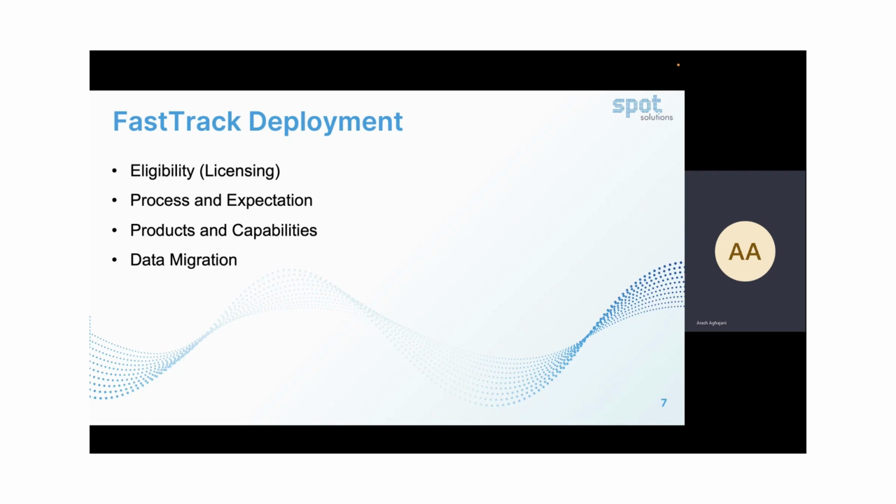The first is eligibility and licensing, so you need to be eligible to use the FastTrack service. The second is the process and expectation, then products and capabilities, and the data migration. Eligibility is to understand if your purchase is eligible for FastTrack assistance and identify the Microsoft 365 services powered by FastTrack specialists.